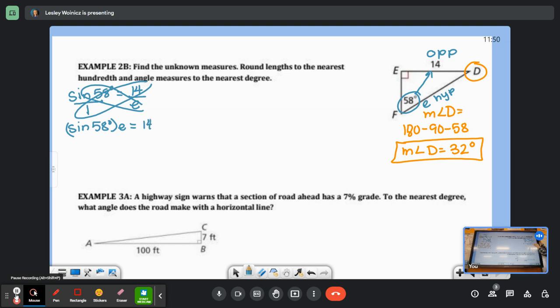And then we can divide both sides by the sine of 58. So E is our DE.